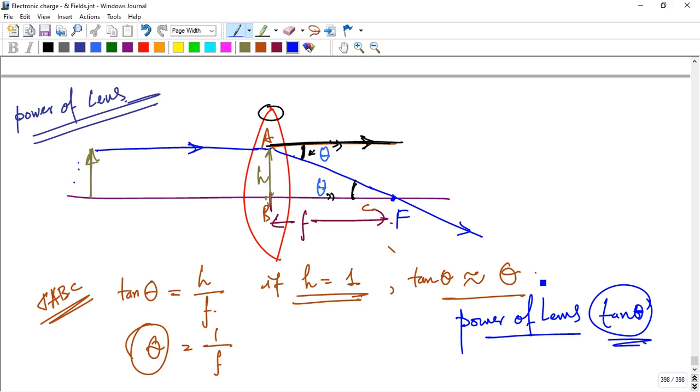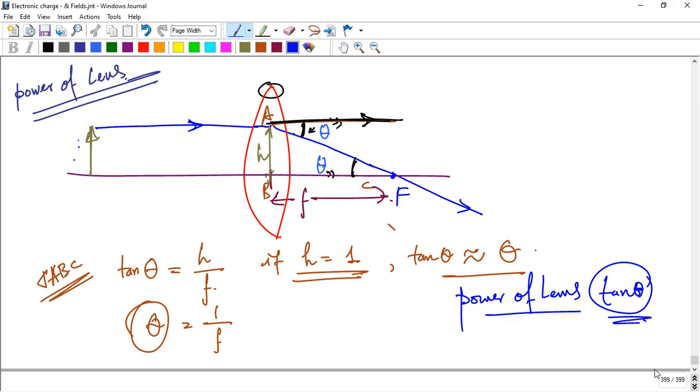Look carefully at this diagram. If the focal length is higher, theta is very small, and if theta is less, the power is less. So that's the concept.